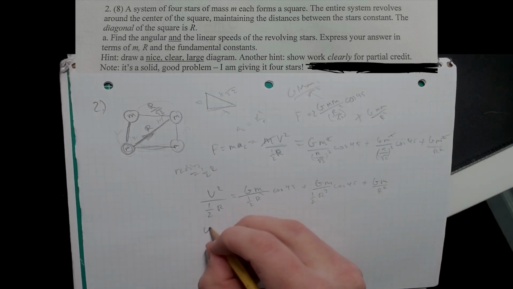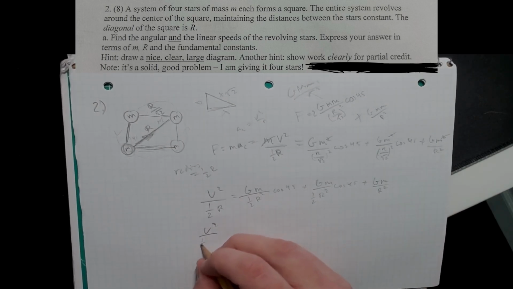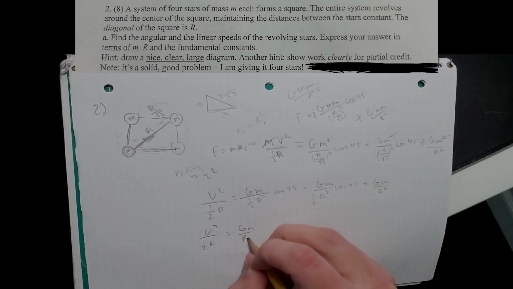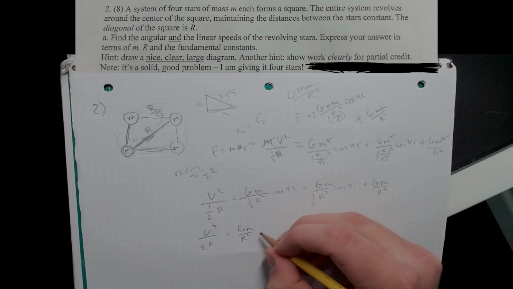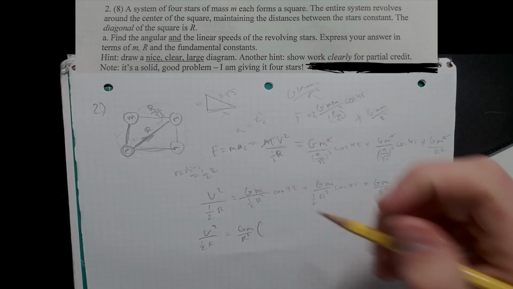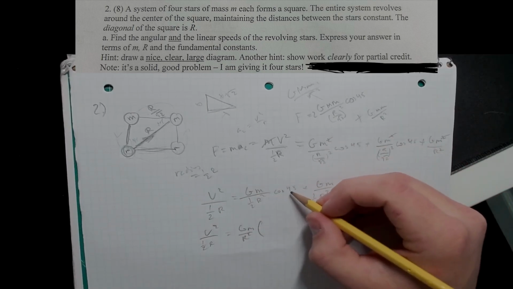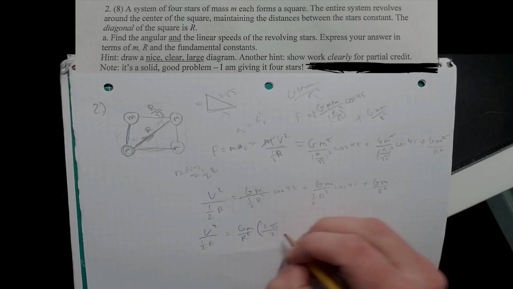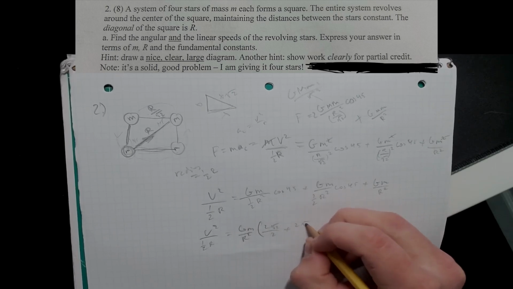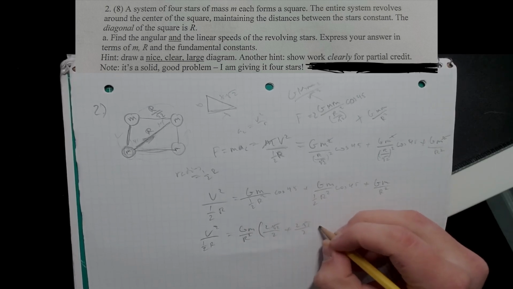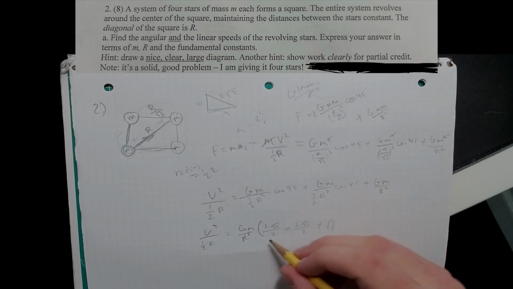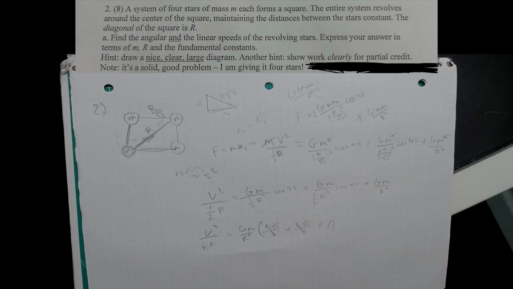We'll do this: velocity squared over 1/2 r equals G m over r squared times 1 over 1/2, so 2 times square root of 2 over 2, plus 2 square root of 2 over 2, same thing, plus 1, just like that. This is going to be 2 square root of 2 plus 1.